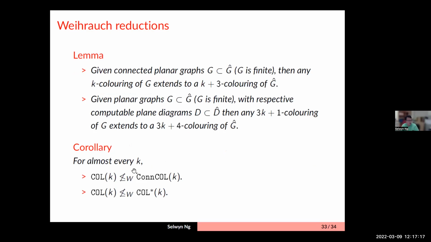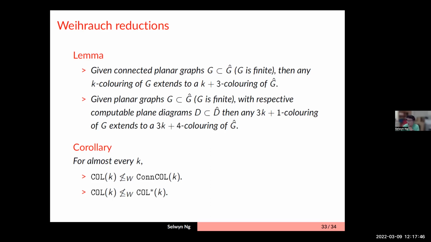But anyway, what we do get out of all of this is that the k-color theorem as a principle is not below either the connected coloring at the same level or the star version of the coloring theorem at the same level. So it's interesting that depending on the properties of the graph that you have, you cannot get them computably equivalent.